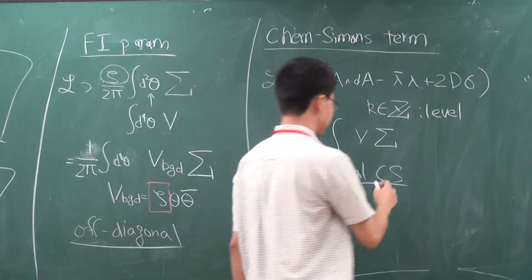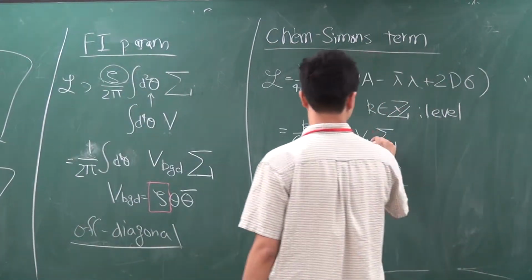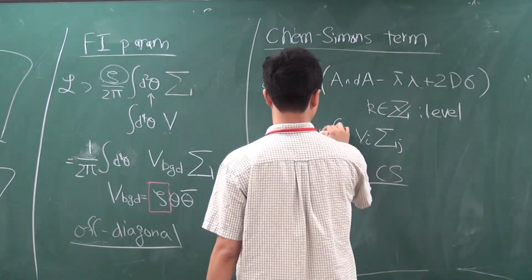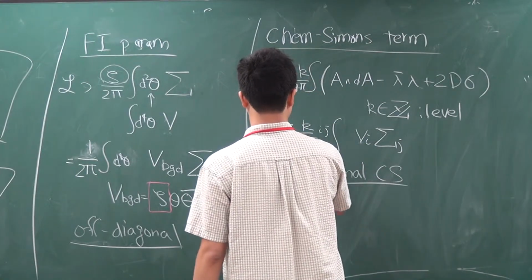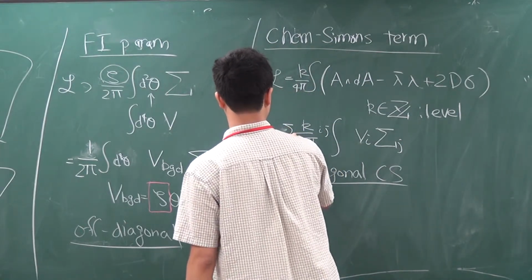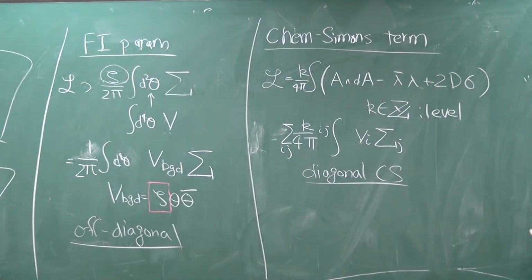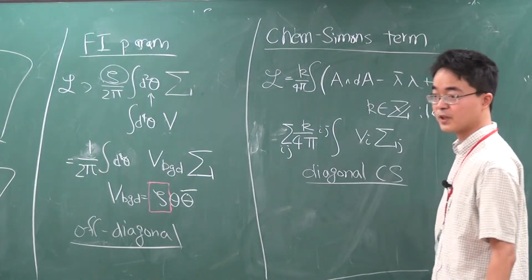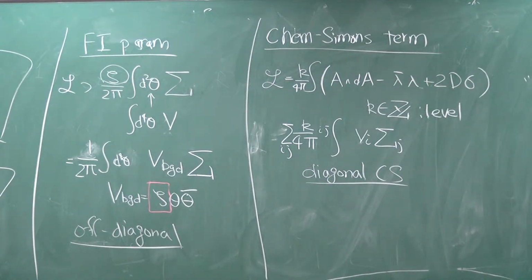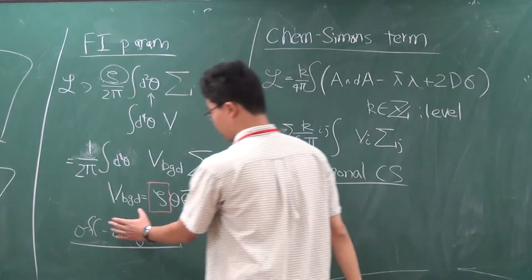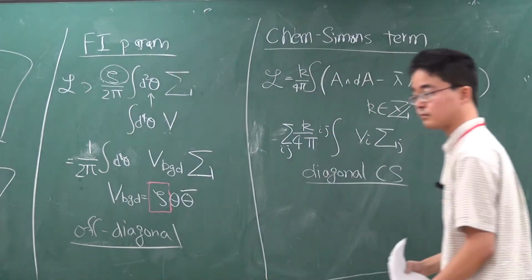In fact, if you have many such things, you could write K_ij, with some sum over i and j, where i and j run over some range, in the case of a symmetric matrix. So if you take the off-diagonal component, it reduces to that.